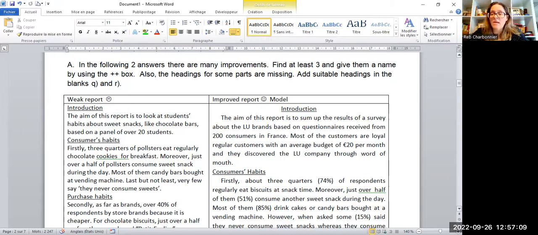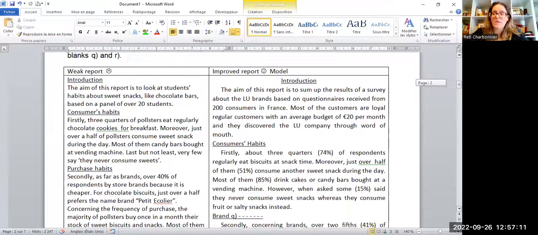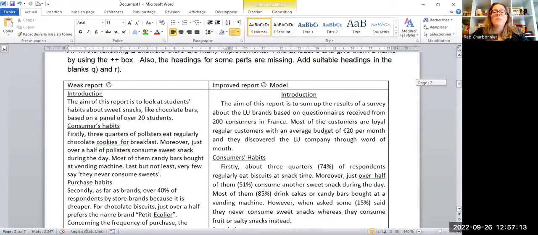And the headings are still missing. So we're going to add suitable headings for your reports. Each report is not like an essay where you give your opinion. You need to have titles for each part. So you have to think of good titles. Okay. But the main focus of this part was also to go into direct and indirect speech.